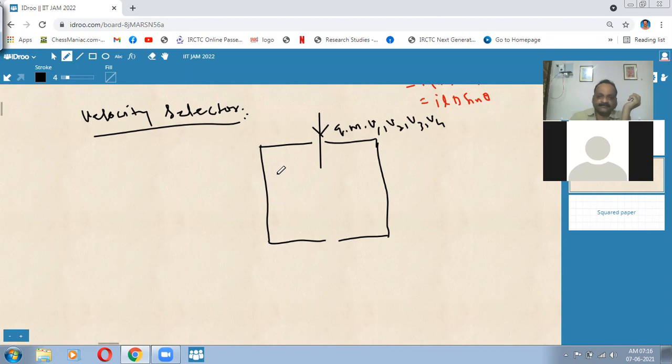Now, in this region, put metal plates like this, and one region of magnetic field also, like this. Draw this figure.